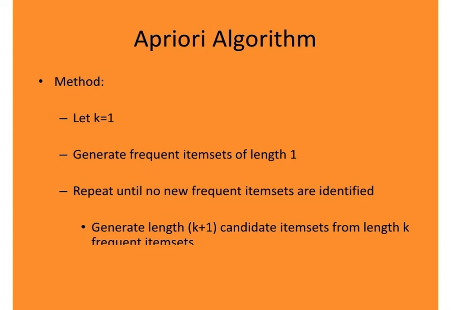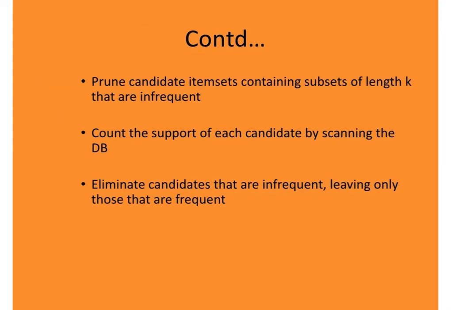Generate length k plus 1 candidates, and prune candidates that contain a subset of length k that is infrequent. You count the support of each candidate by scanning the database, eliminate the infrequent candidates, leaving only those that are frequent.